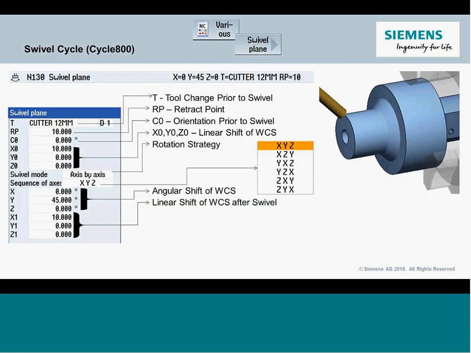For example, we want to create a plane. So we use the swivel cycle feature and move my zero around a little bit too. When I look at this, maybe those of us that have used Cycle 800 on a milling configuration will see similar fields.